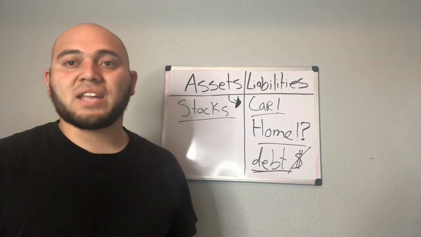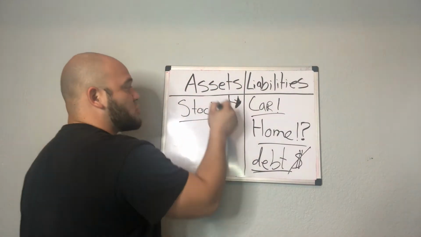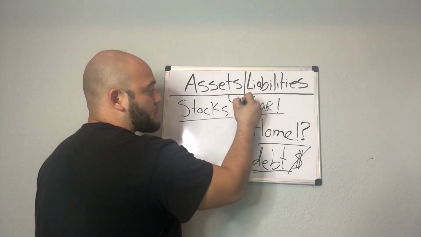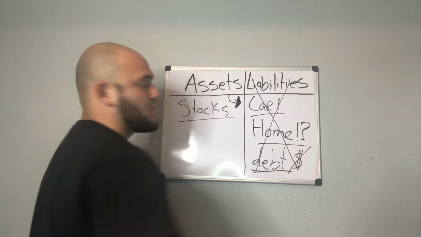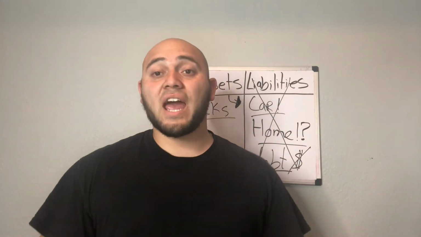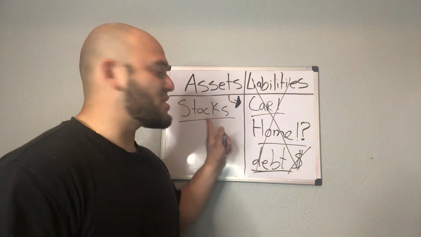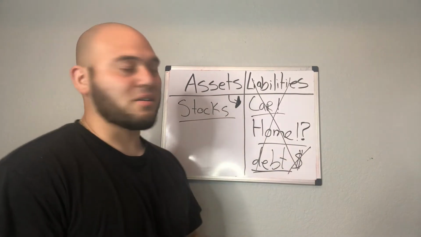That's how the wealthy stay wealthy, how the rich become wealthy, okay? The more assets you have, the more income you're going to be generating to pay off your liabilities, okay? Warren Buffett makes billions of dollars every year. I'm pretty sure his stock portfolio outweighs all of his liabilities, okay?